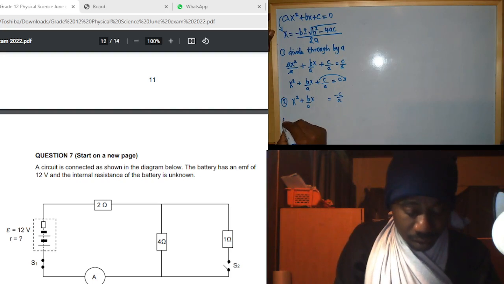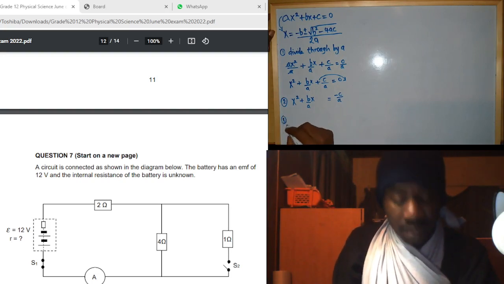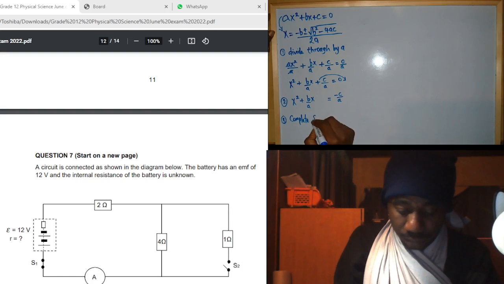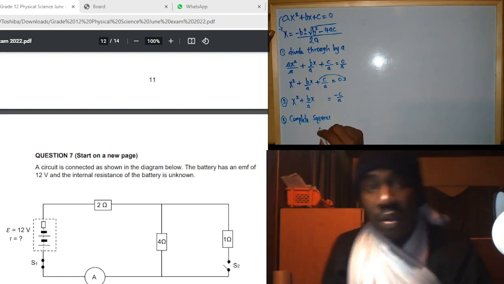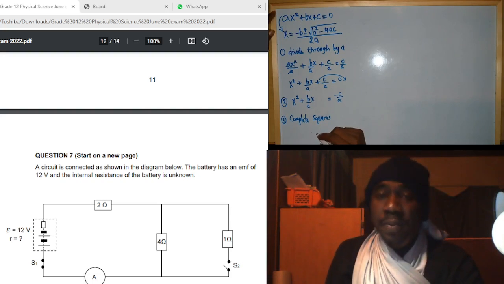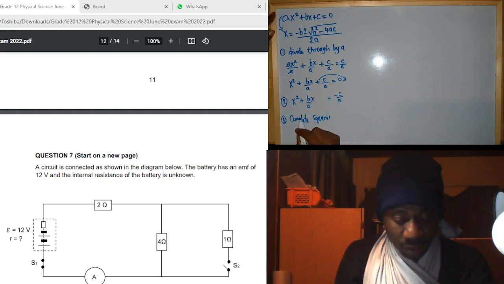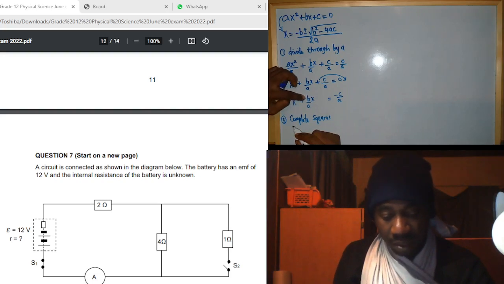Then the next step is step 3, we complete squares. And when you complete squares, there are certain steps you follow. We must find the half of the coefficient of x.